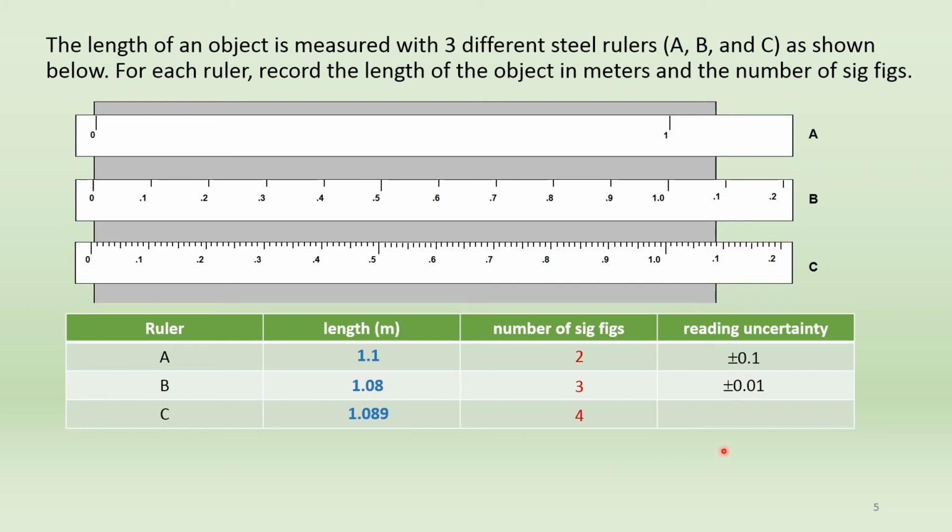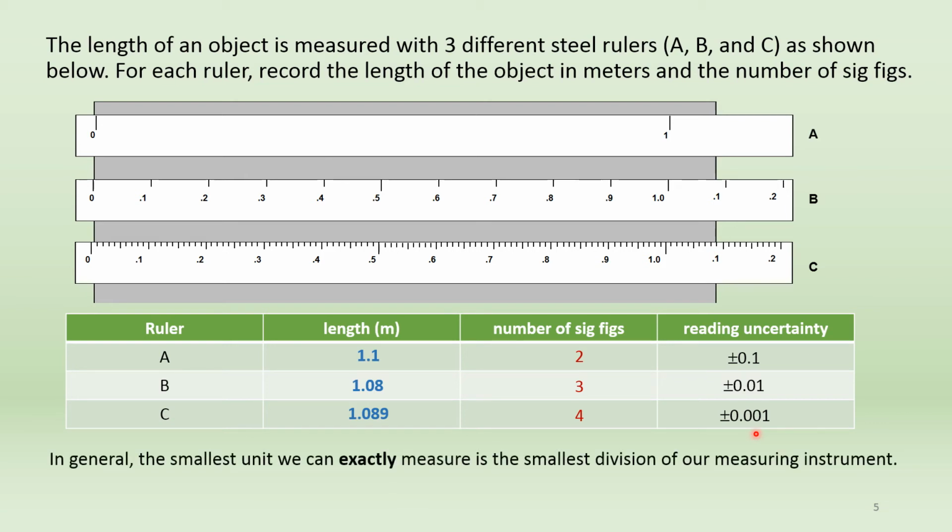As far as the reading uncertainty goes, I would say plus or minus 0.001, so we're in the thousandths decimal position in both the reading and the uncertainty. So this is, again, 1/10 of the smallest division. Well, here's 1 meter, a tenth of a meter, a hundredth of a meter, and a tenth of that would be a thousandth. So 1/10 the smallest division.